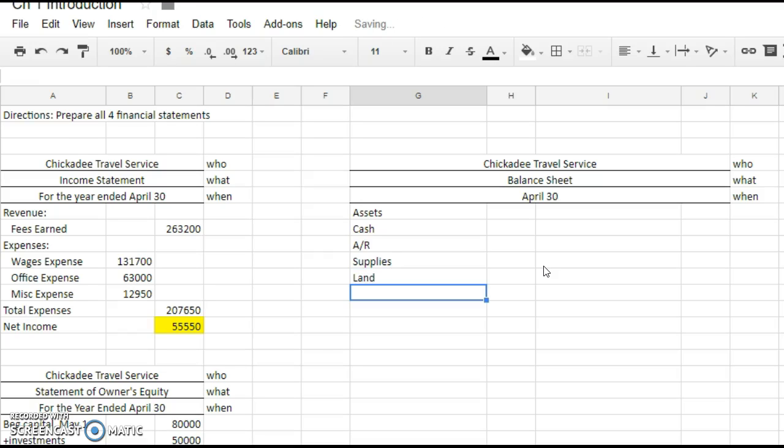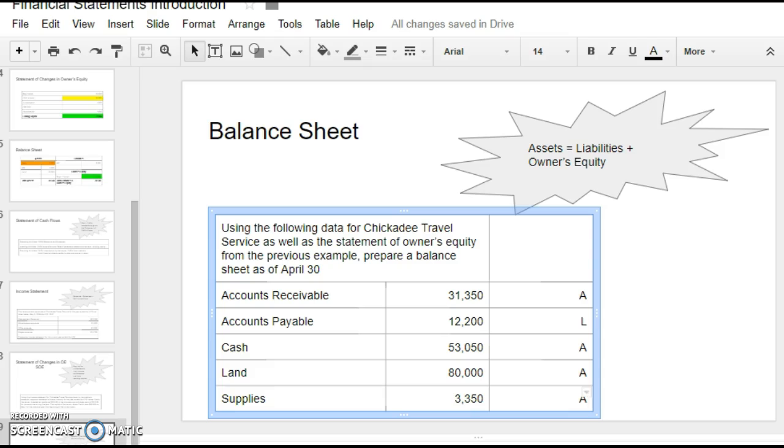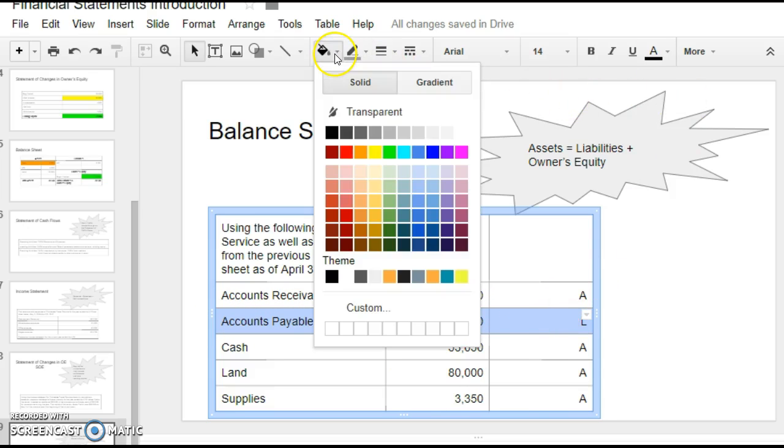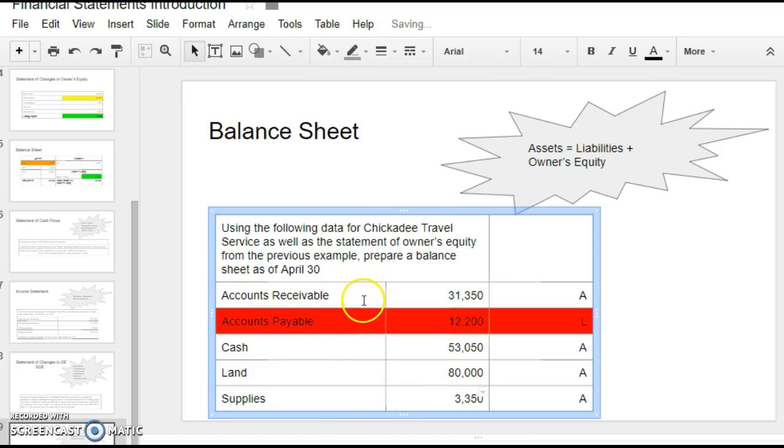Okay, I should tell you, if we come back here, after we decided that all of them but accounts payable were our asset accounts, you have to put these in order of liquidity. You might want to write that down.